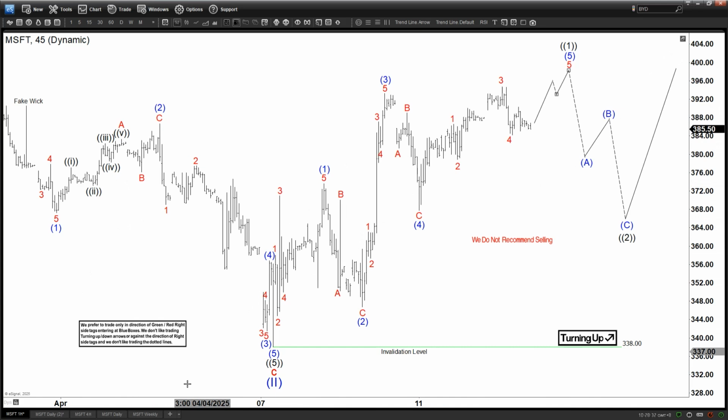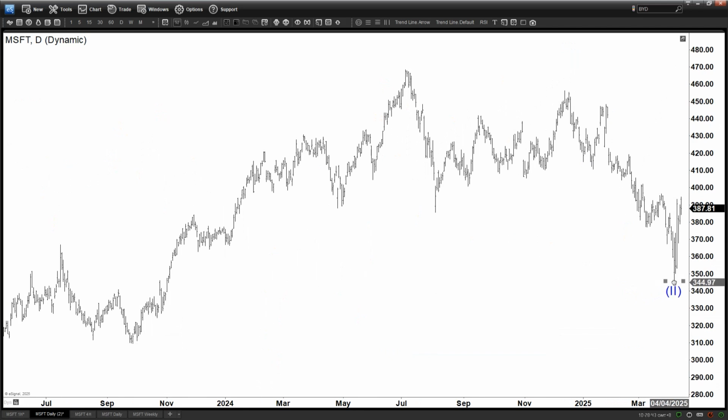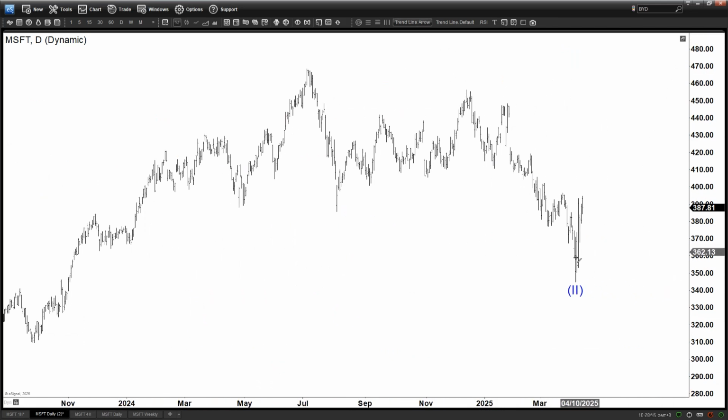Now, if I zoom out to the larger time frame, I'm looking at the daily time frame now, and I'm going to put this width to here on the daily, which is this one. So you notice here, again, in the shorter cycle, this rally is in a 5 swing as we just saw earlier. Now, if you look at the daily, you can see clearly this pullback so far is in a 3 swing, which by itself is not bearish.